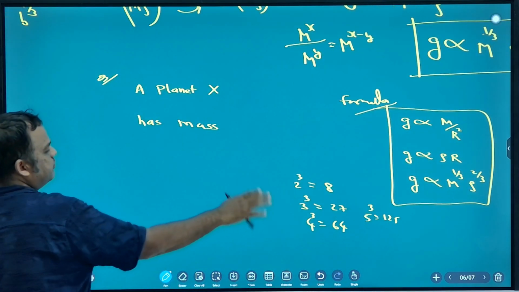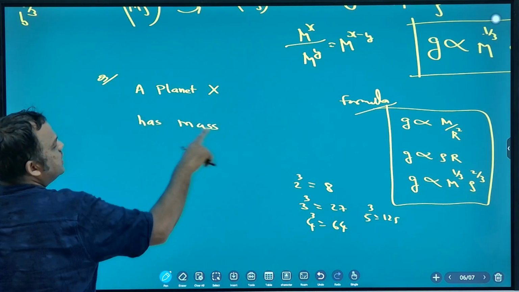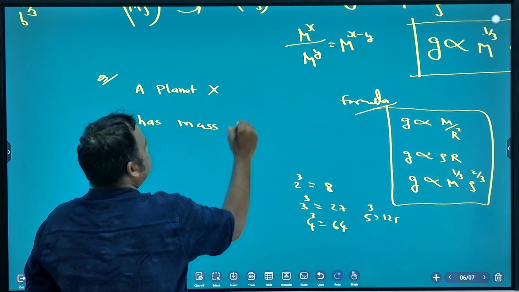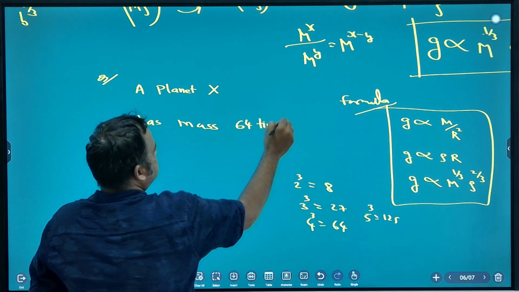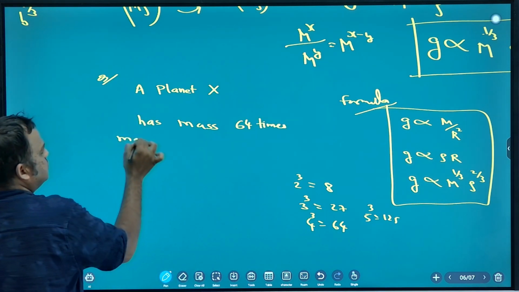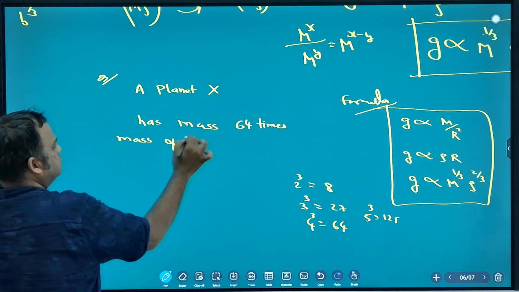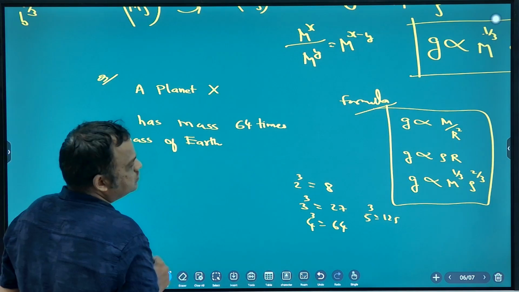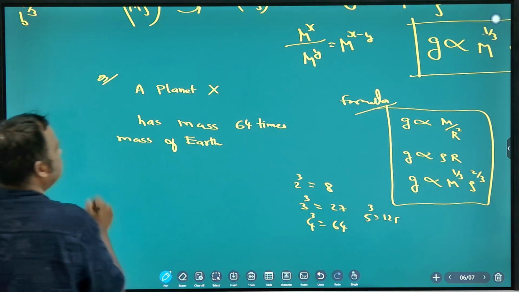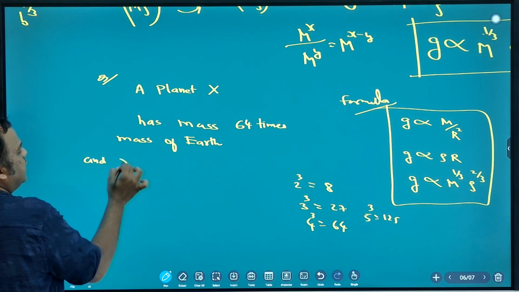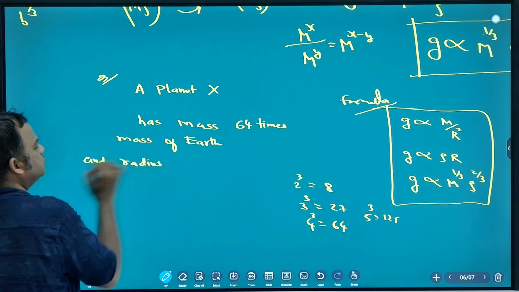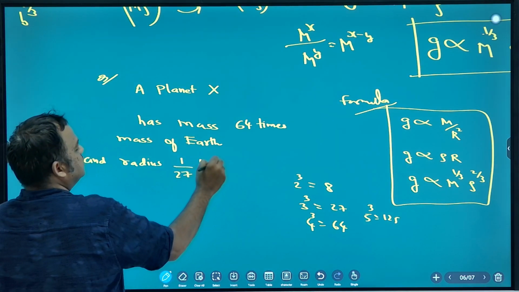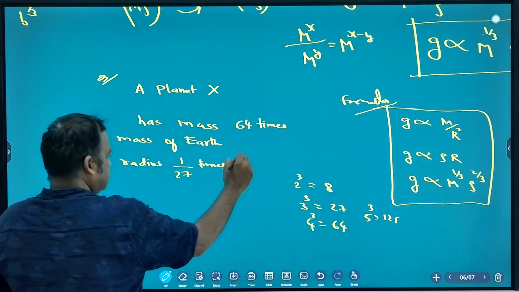I will give values like this. Okay, planet X has mass 64 times mass of Earth, and radius 1 by 27 times that of Earth.